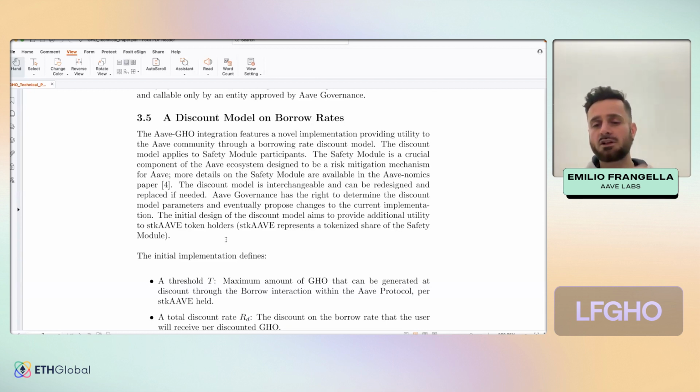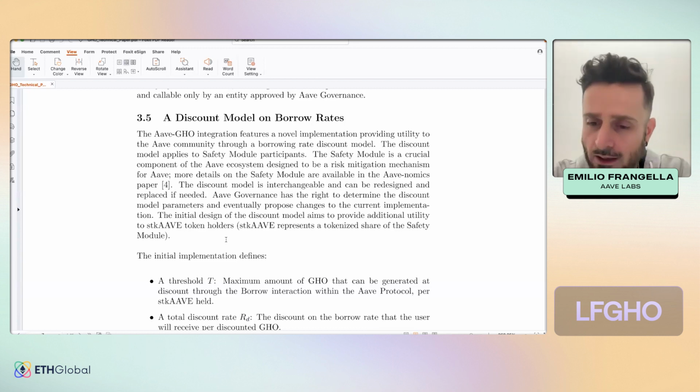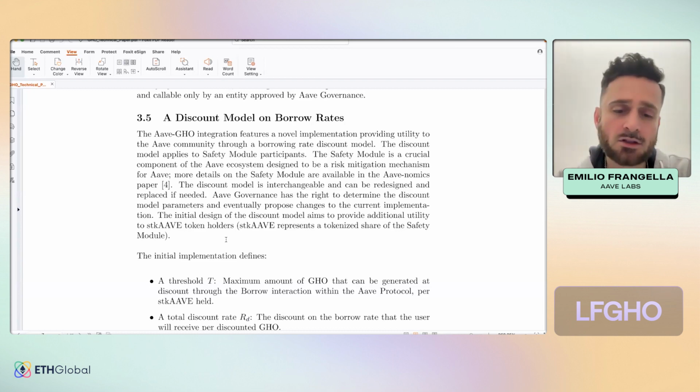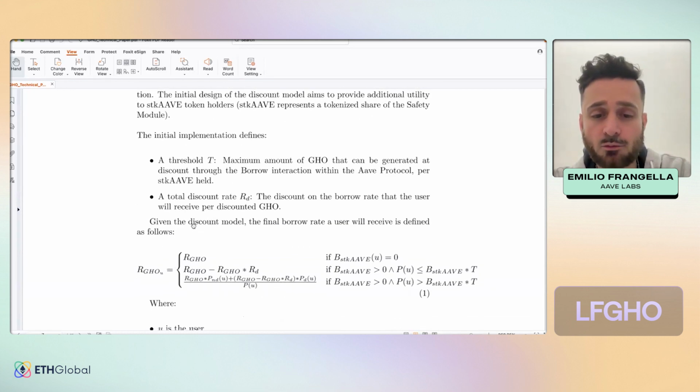So part of the integration of Go with the Aave protocol is that it allows participants of the safety module to borrow Go at a discounted rate compared to the nominal rate where other users borrow. The way it works is there is a threshold for each Aave of Go that you can mint at a discount.